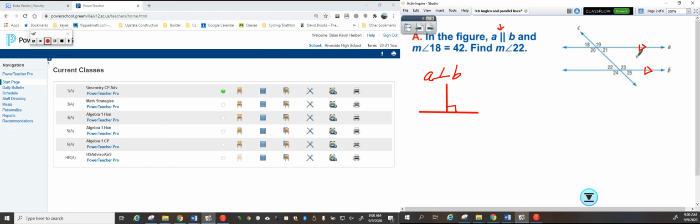All right, so if they're parallel to each other, Maddie, if angle 18 is 42 degrees, what is the measure of angle 22? 42. Okay? Because these two right here are corresponding angles.